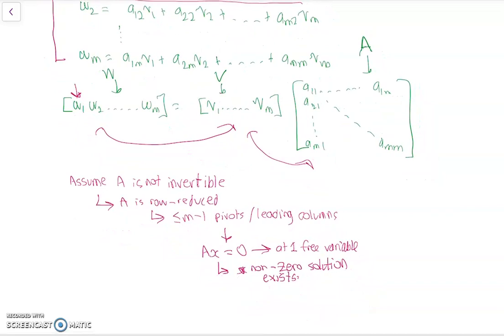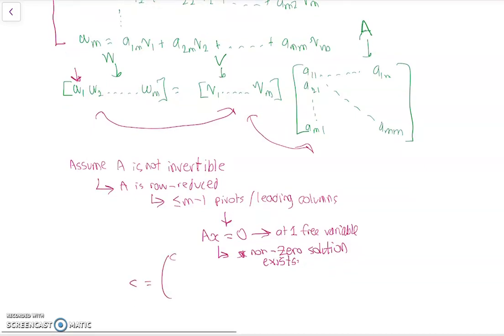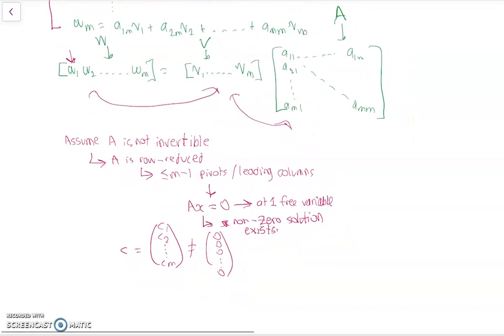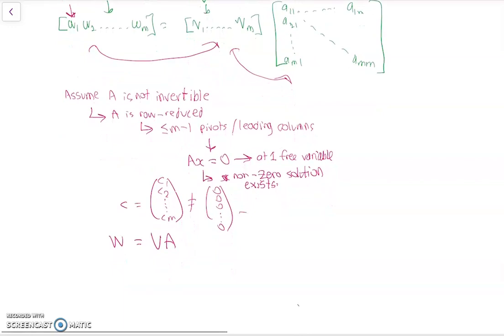Let C equals C1, C2 up to Cm be the non-trivial solution. So C is not equal to the zero vector. Now we have W equals VA, and we also have AC equals 0. Now what happens if I multiply by C on both sides?